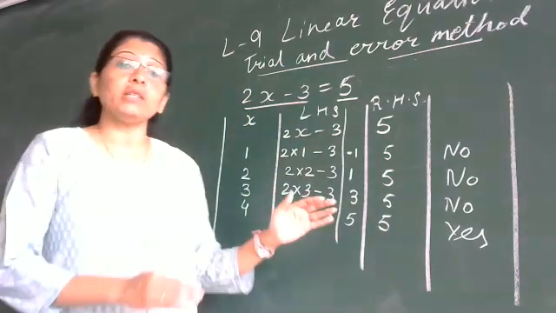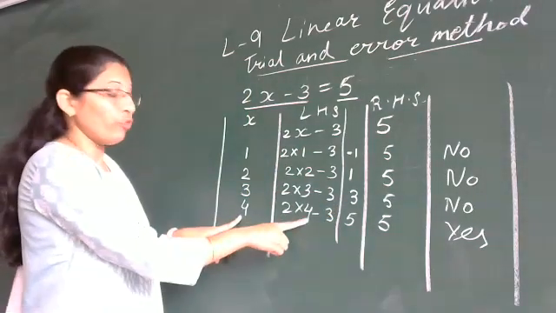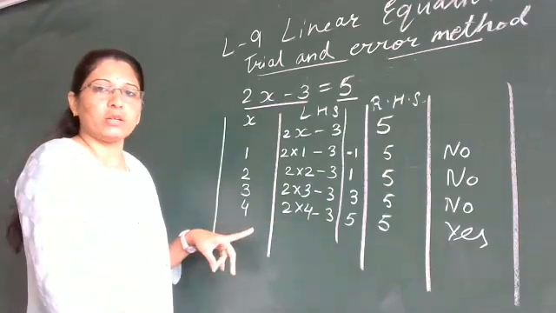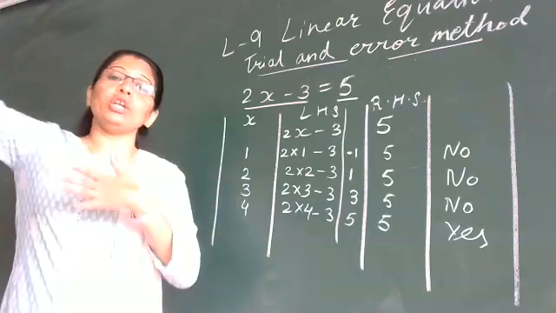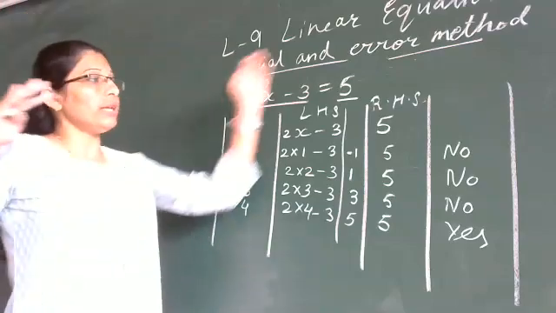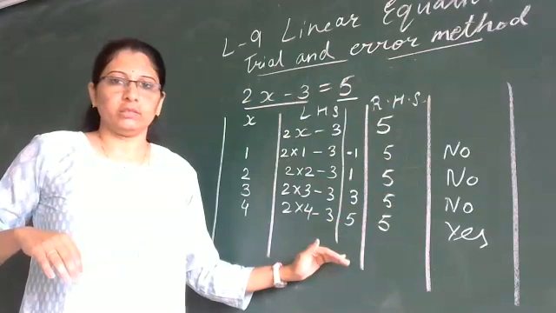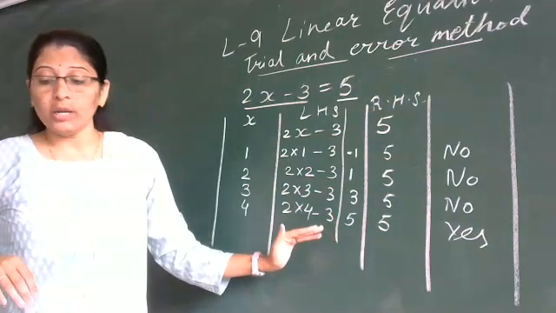In some examples, like here, till we put 4 we get the answer. But in some examples it continues with 5, 6, 7, 8, 9. So this method is very long. Is this method understood?